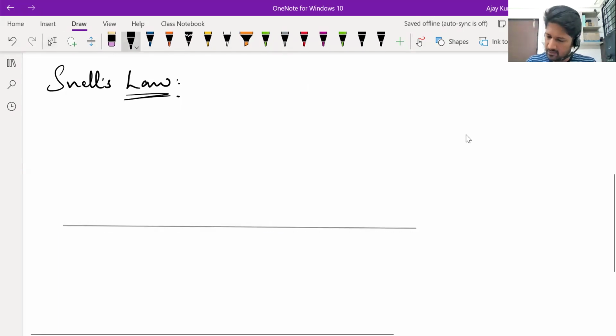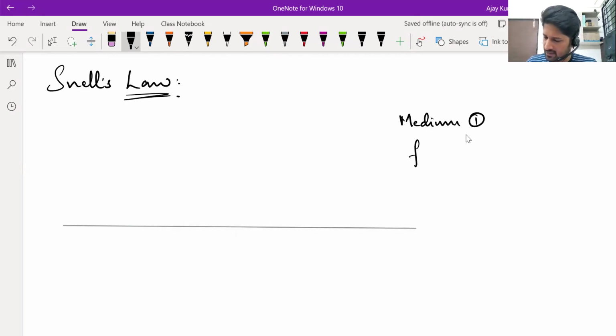Let's say there's one medium above in which the light travels faster, and there's another medium below in which light travels slower.